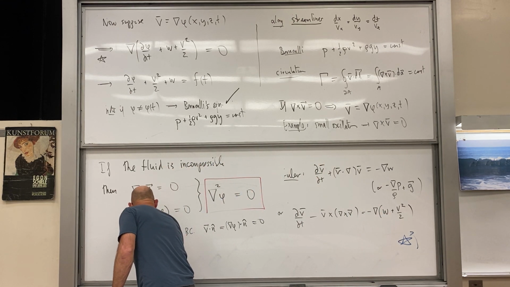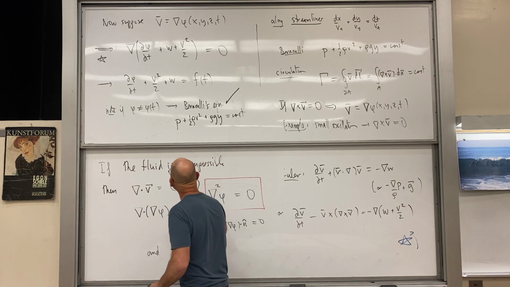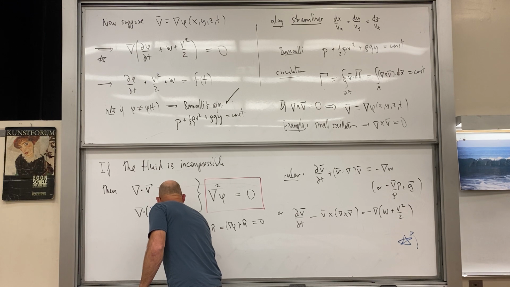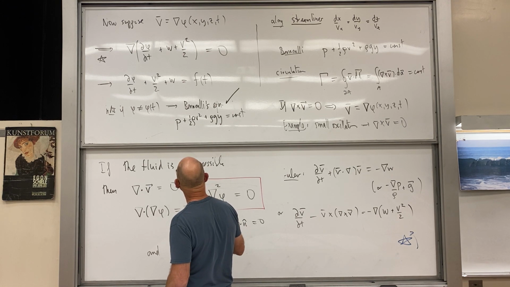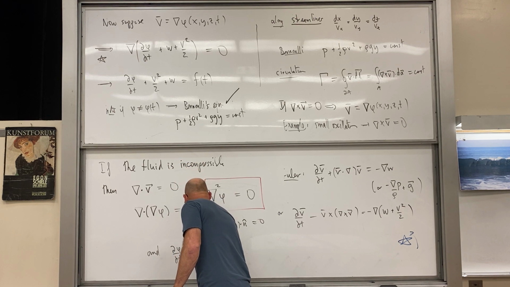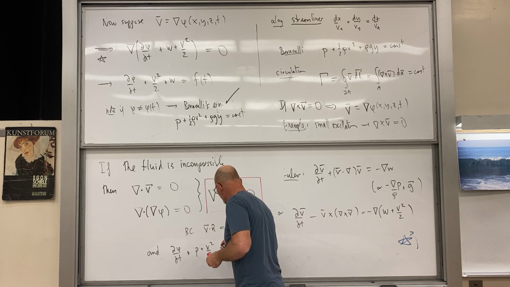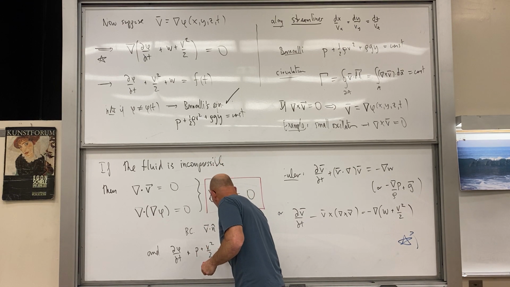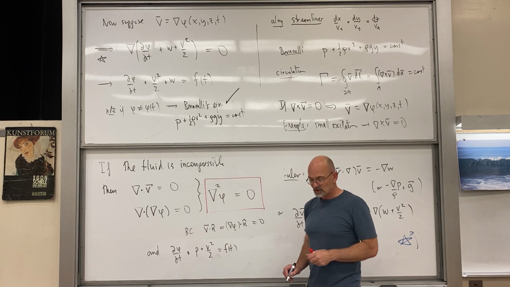And if you want to get the pressure, you have dφ/dt plus everything that's in there. P plus v squared over 2 equals 0, or equals f of t for the moment. We'll never need the f of t equals constant to get the pressure.